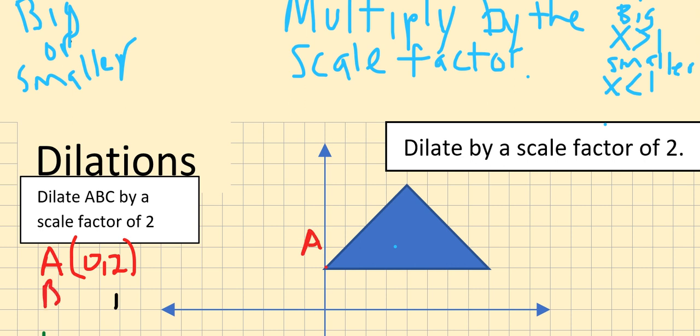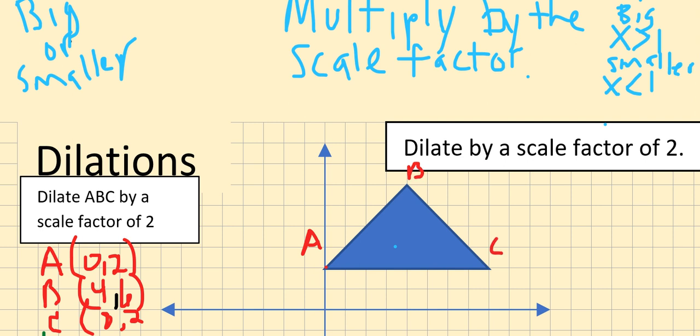B is at 4, 6. C is at 8, 2. Sorry, I'm kind of rushing right here to get this done, and my handwriting I know is a little bit confusing.